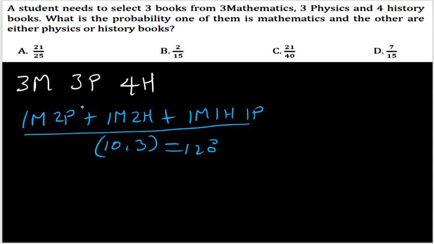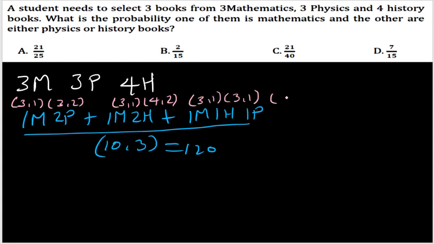So let us combine the upper part. The upper part, when we say 1 math 2 physics, it will be 3 combination 1, and 2 physics means 3 combination 2, and 1 math 2 history means again 3 combination 1 and 4 combination 2. Math history physics 1 1 1 means 3 combination 1, again 3 combination 1 and 4 combination 1.